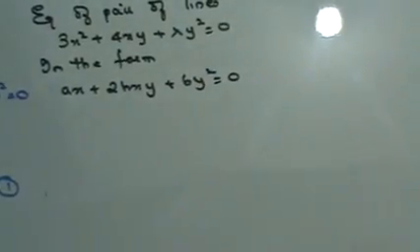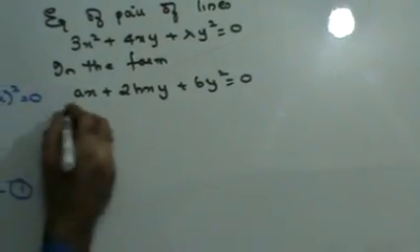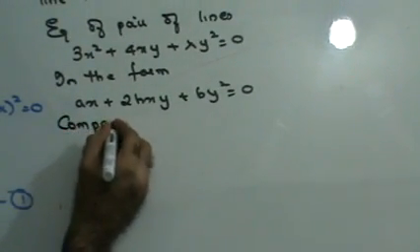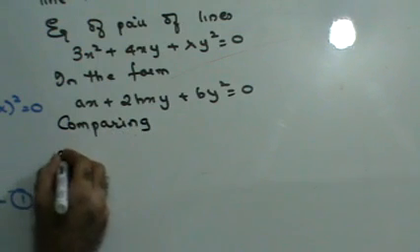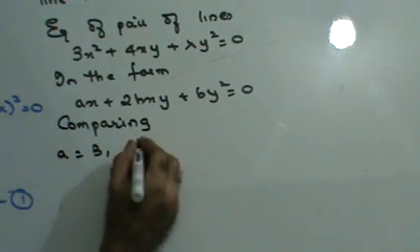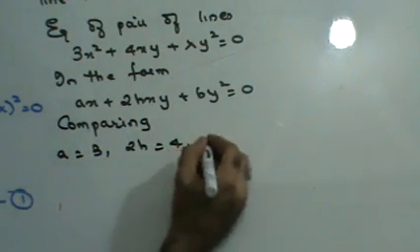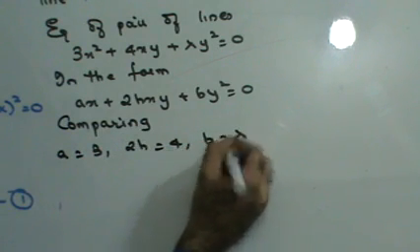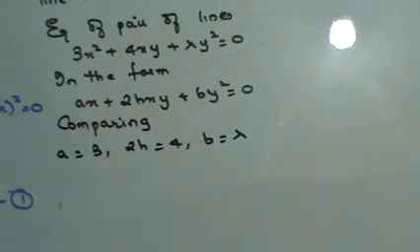If I compare the two equations, I can say a is equal to 3, 2h is equal to 4 and b is equal to lambda, or lambda is equal to b. Right?